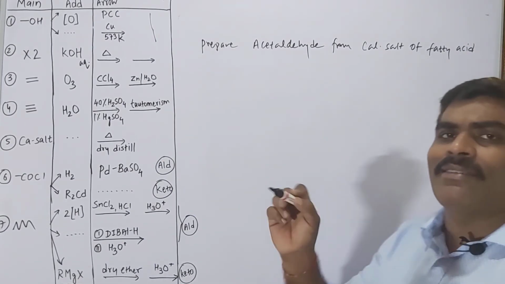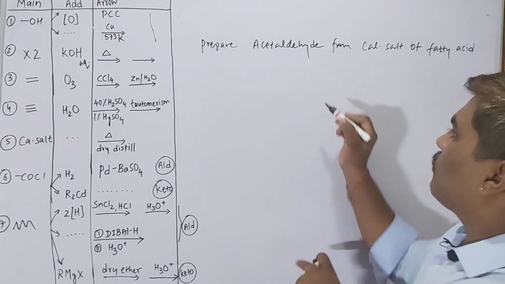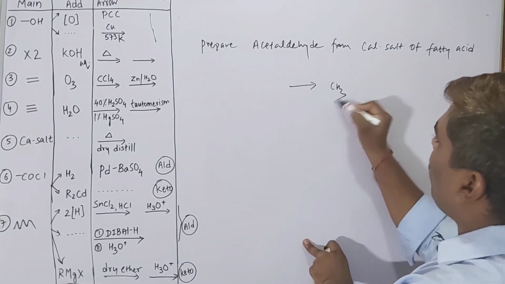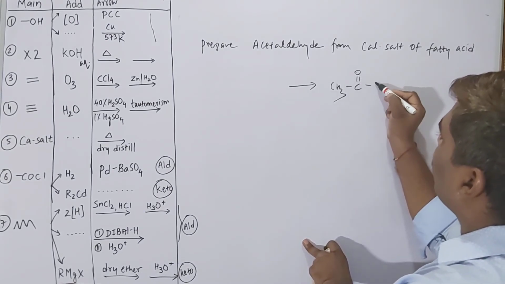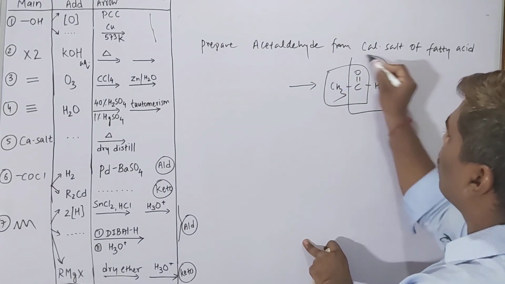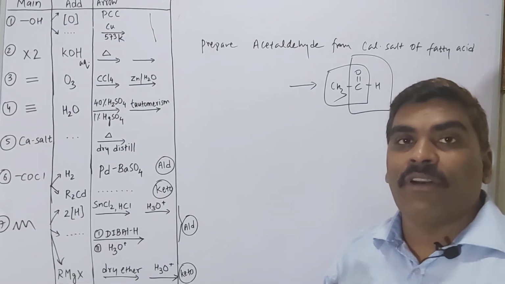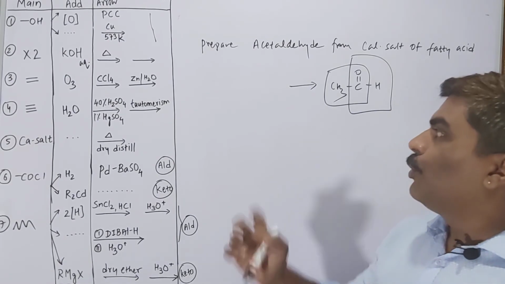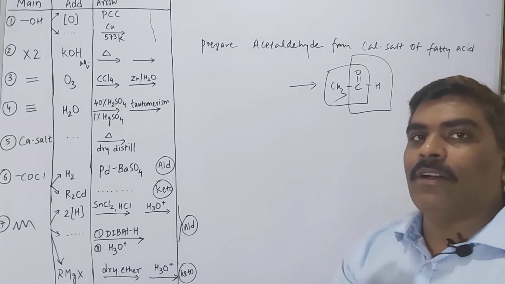The problem is that to prepare acetaldehyde, the two boxes are different, which means two calcium salts are required.